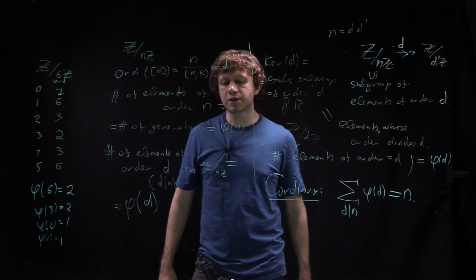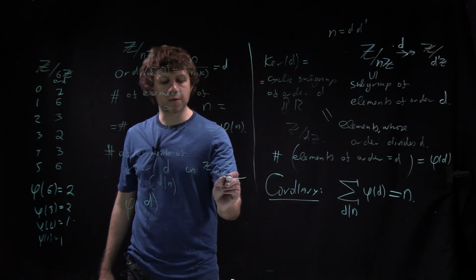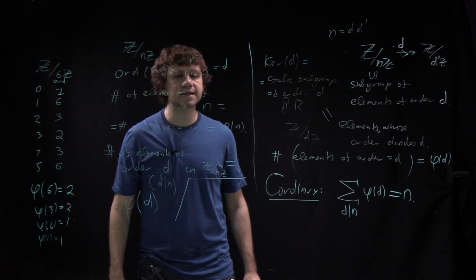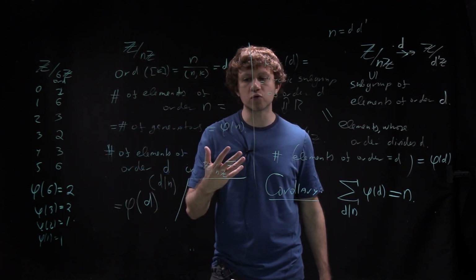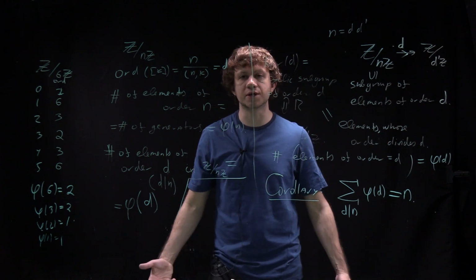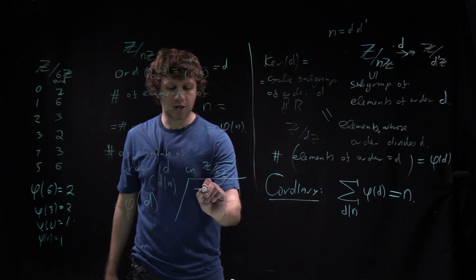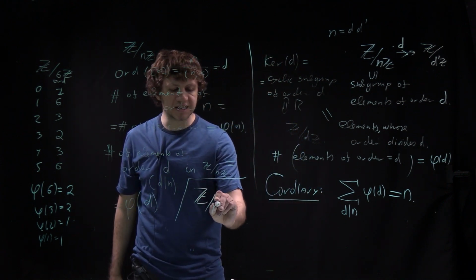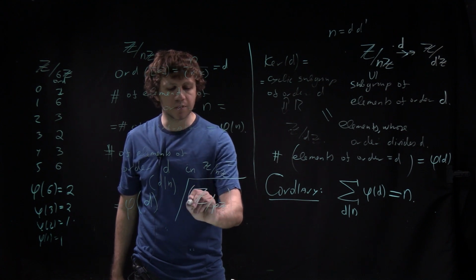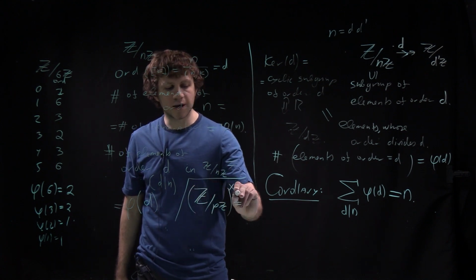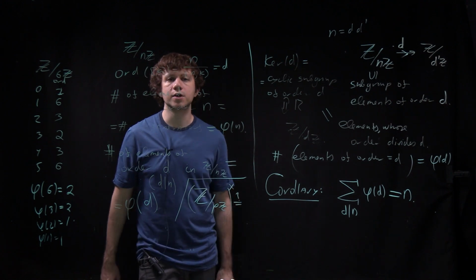So the last thing I want to say is that there is an interesting question. We said that Z over nZ multiplicative group is a group, but the question is what this group actually is. Let's start with p: you can take Z over pZ and look at it as a multiplicative group. And the question is, okay, which one do we have?